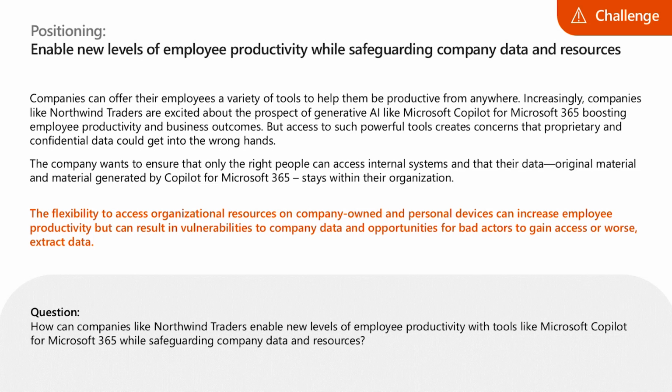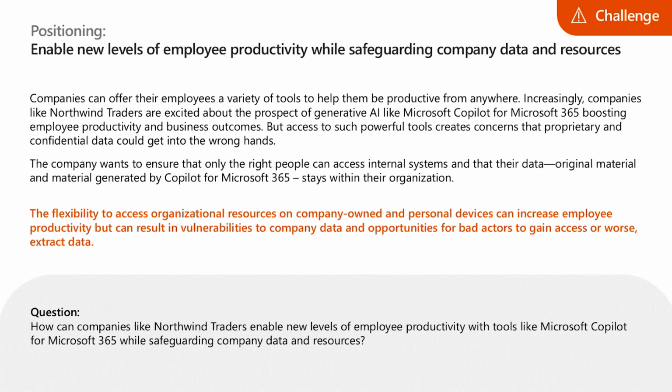The first situation: we want our employees to increase their productivity while protecting our data and resources. Allowing employees to use both work and personal devices to access company resources can make them more productive. However, it also opens up the possibility for bad guys to get into the company's data or even steal it.